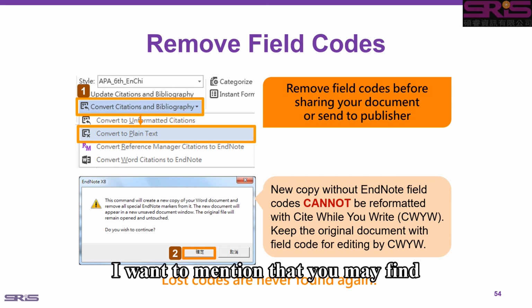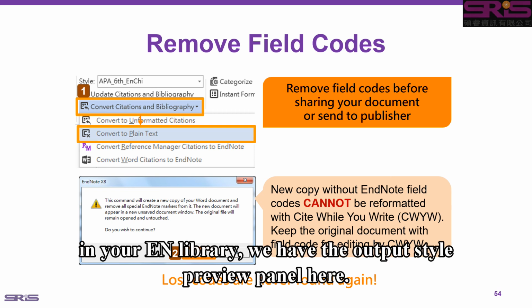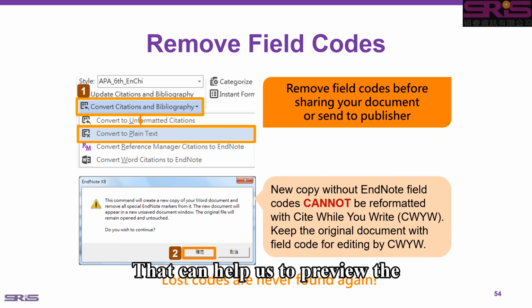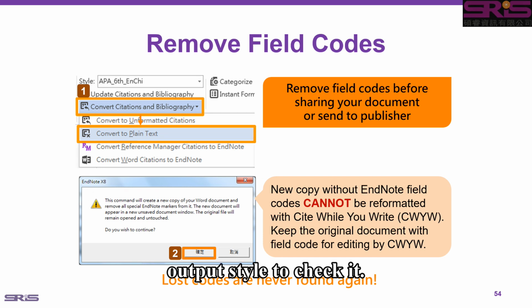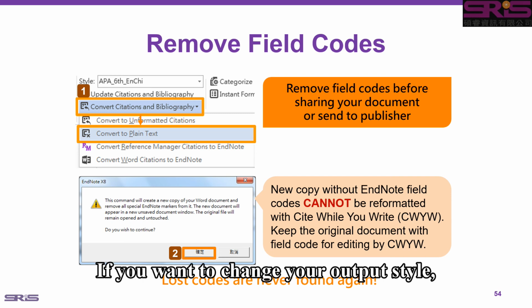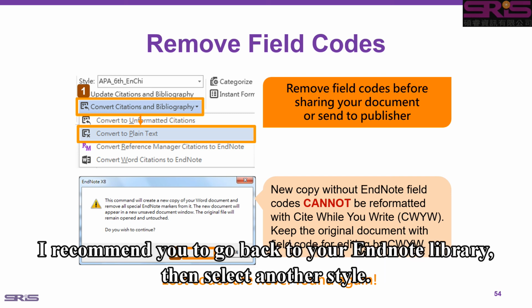I want to mention that you may find in your EndNote library we have the output style preview panel here that can help us to preview the output style to check it. But if you want to change your output style, I recommend you go back to your EndNote library, then select another style.